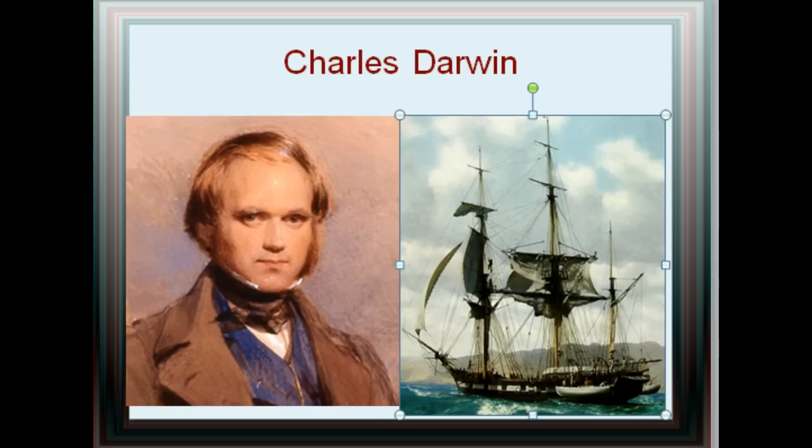The Beagle was an early scientific research vessel you see pictured here next to CD himself. This vessel traveled to South America and the Galapagos Islands, and its job was to collect plants and animals from all over the continent. It was this work that allowed Darwin to begin gaining fame as a naturalist.